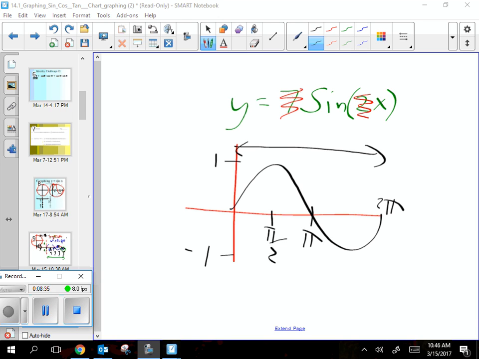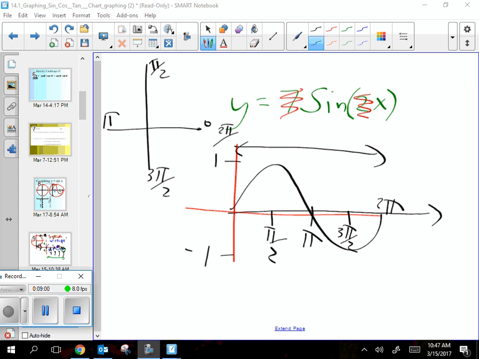Pi over 2. And then what's in between pi and 2 pi? 3 pi over 2. It's almost like those numbers that were here, 0, pi over 2, pi, 3 pi over 2, and 2 pi just got put in a different spot. They got kind of unwrapped, opened up out onto a straight line here.